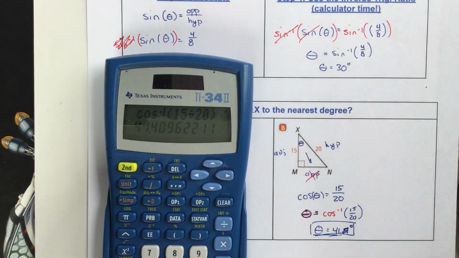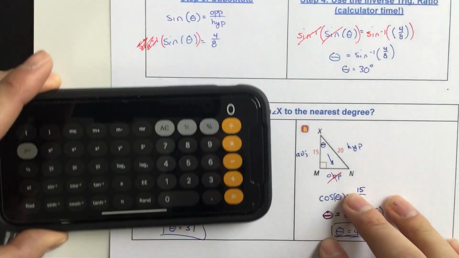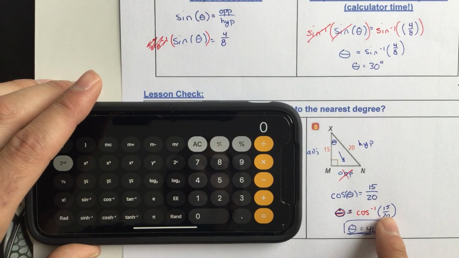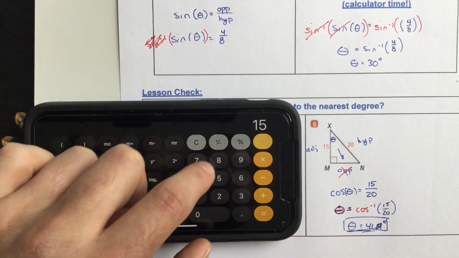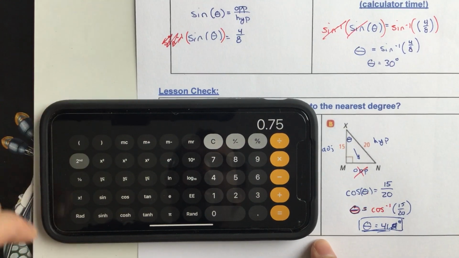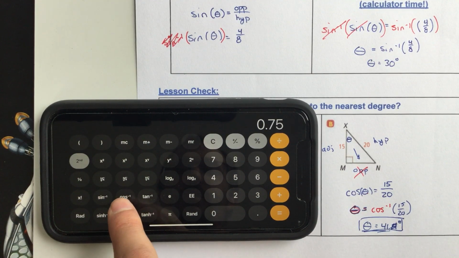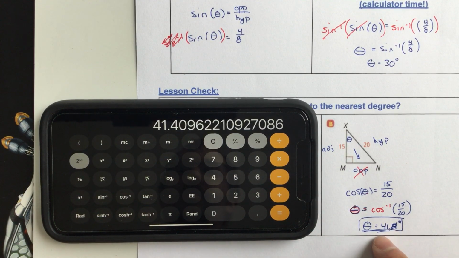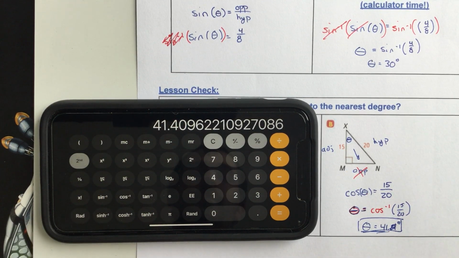Let's do this on the iPhone calculator. I want to take the inverse cosine of 15 divided by 20, so 15 divided by 20. And then, remember this is sine, cosine, tangent, so we're going to hit the second key and do the inverse cosine, and we still get that same solution, 41.4, or in this case 41 degrees.